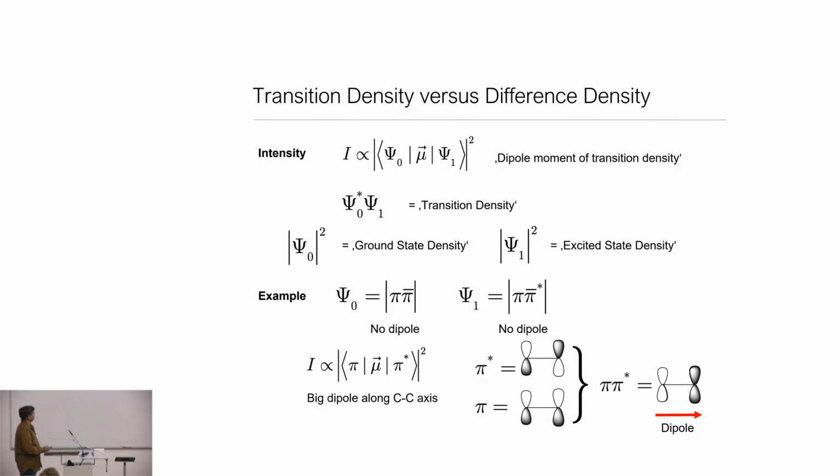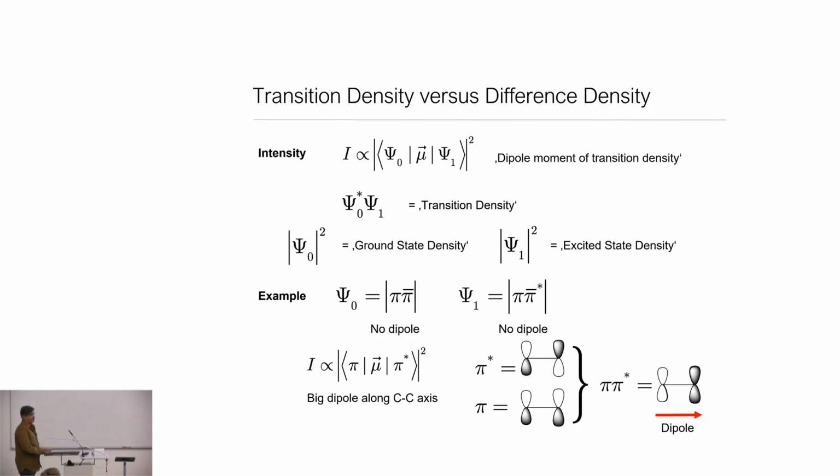Neither of them has a dipole moment. But now the transition density is a product of the initial state and the final state. You can work that out by the Slater-Condon rules: this matrix element reduces to the product of the pi and the pi star orbital with the electric dipole operator.